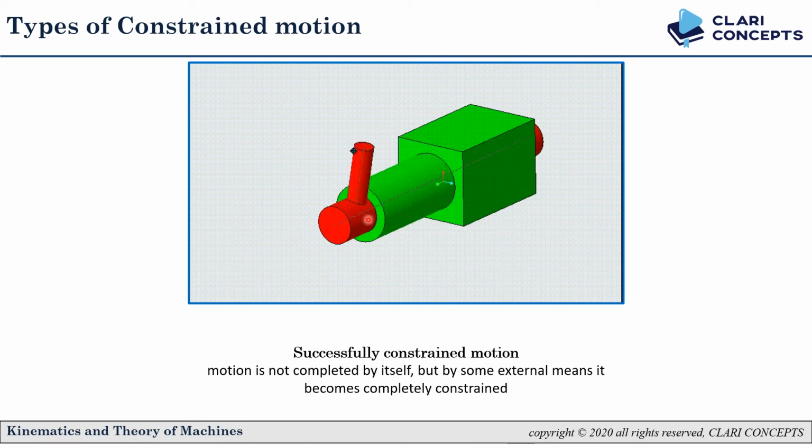In the previous example we have two possible motions, so it was not completed by itself. So what we have done is use some external means. This external means is the collar we have attached here. Because of that, it is now completely constrained. So we have to make an effort to convert this into completely constrained motion. So this type of motion is known as successfully constrained motion. Use of some external means. Clear?